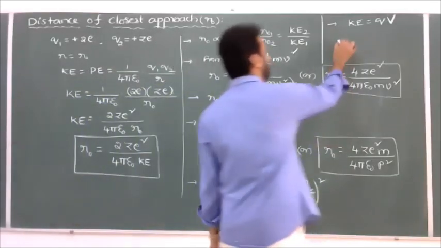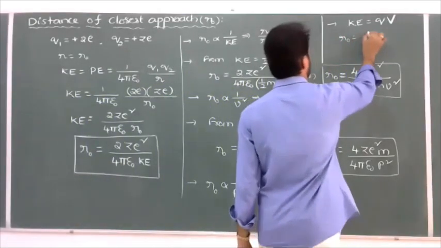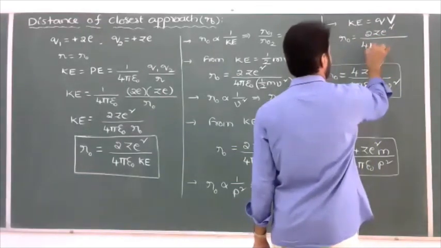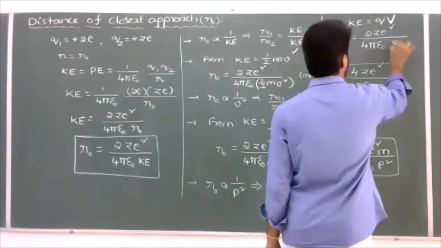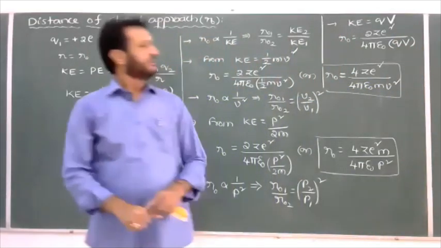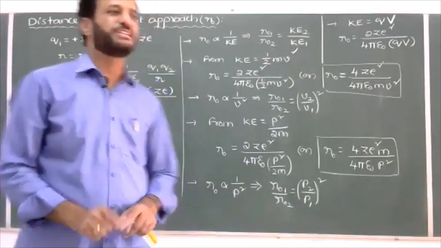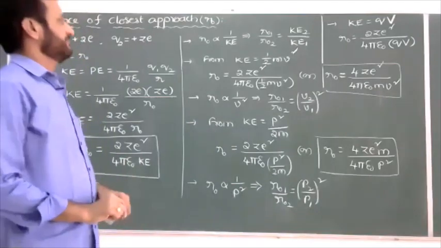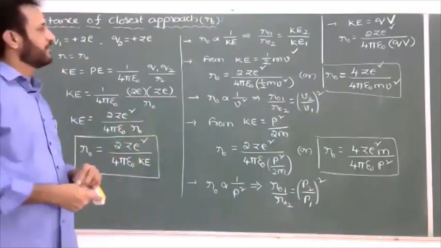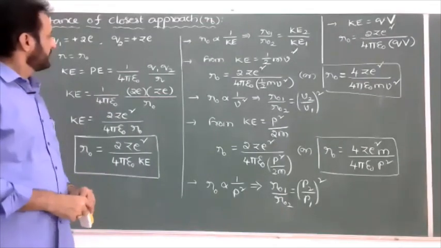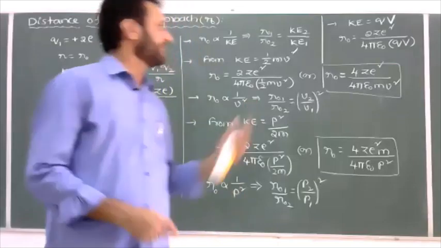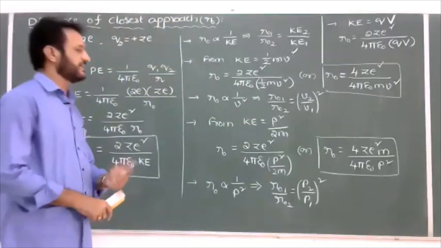Then we can write the formula R naught is equal to 2 into Ze square by 4 pi epsilon naught into QV also, where V is the potential difference through which the projectile is accelerating or moving. From this, various numericals will be asked, and you can calculate also.